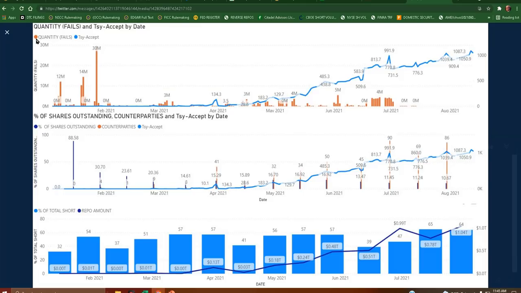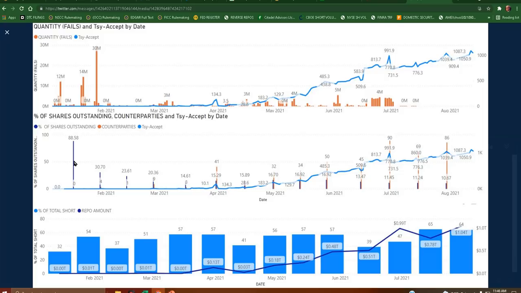So basically, the orange bars here are your fails to deliver. And this blue line here is your repo amount, okay, on the top section. In the middle section, blue line is still your repo amount. Orange line is your number of counterparties. And then the purple line here is your percent shares outstanding of GameStop as far as your short interest, which is the amount of basically uncovered shorts.